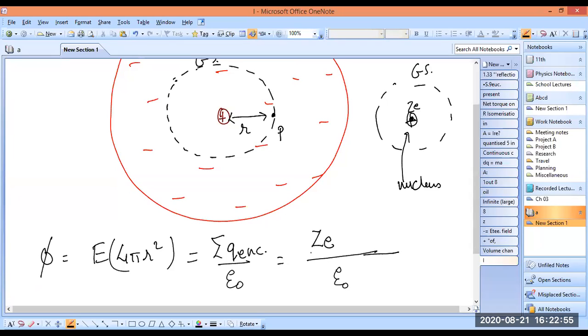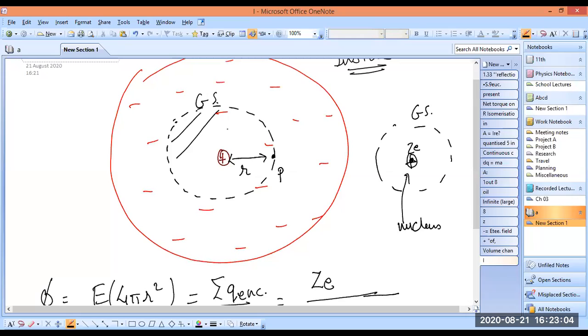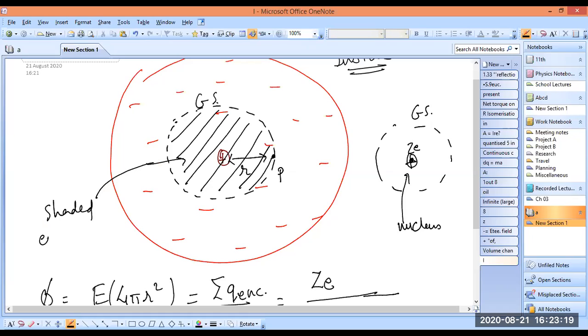There's no doubt about it, right? But what about the negative charge? See, this portion which is trapped inside the Gaussian surface also has some negative charge, right? I'll repeat what I've said. This portion that I've shaded, that is trapped, right? It is enclosed inside the Gaussian surface.